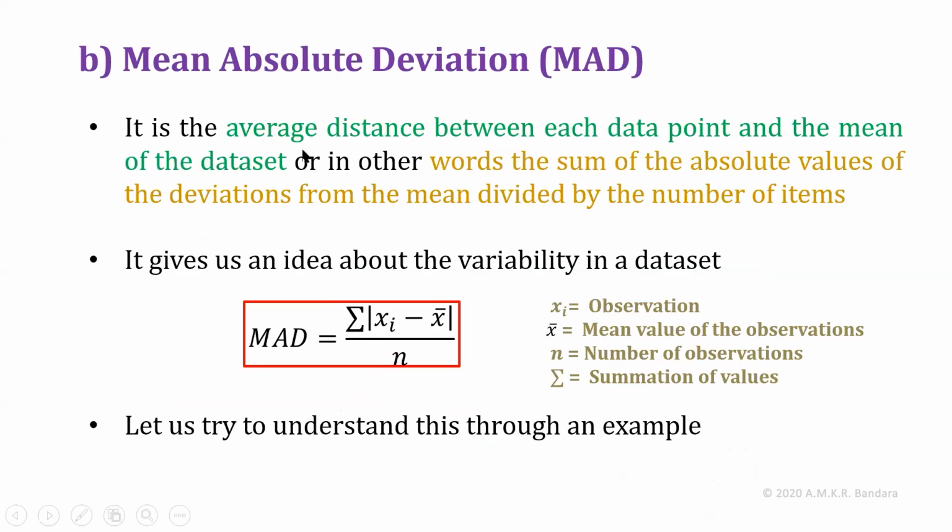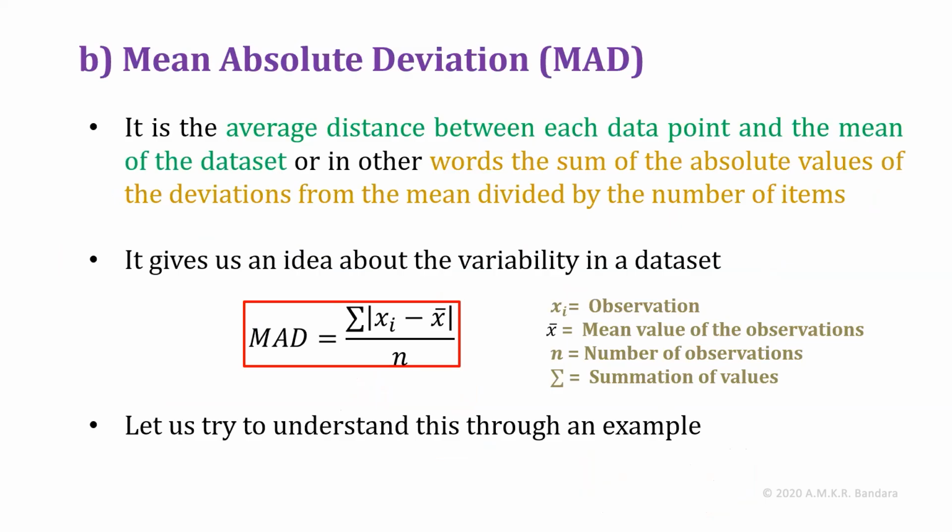Second measure of dispersion is mean absolute deviation. We learned that one disadvantage of range is it does not get contribution from each and every observation of the data set.